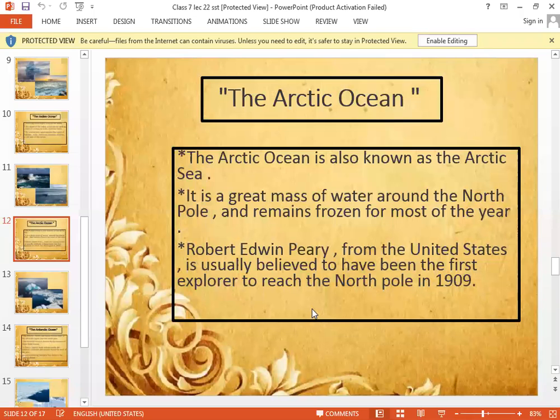So in 1909, Robert Edwin explored this region of the North Pole, and it is usually believed that he was the first explorer. So these are all the important lines, and underline these lines in your book on page number 46.